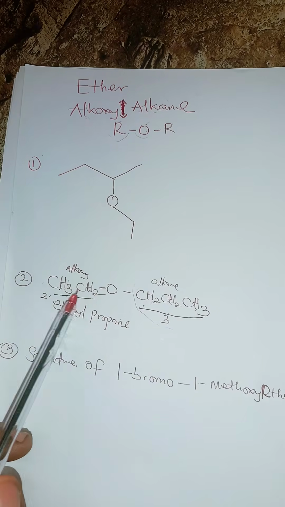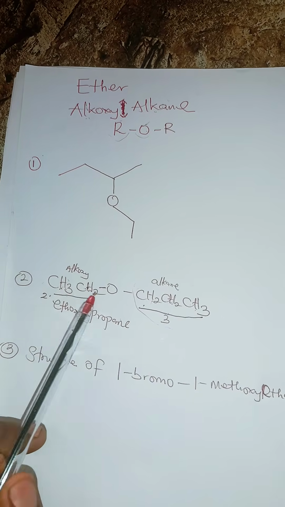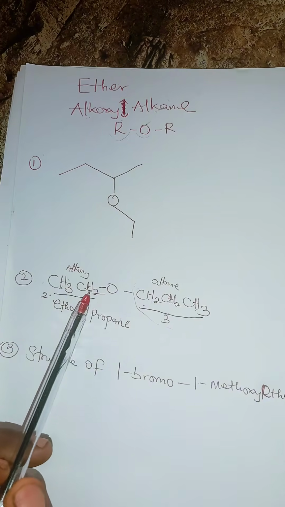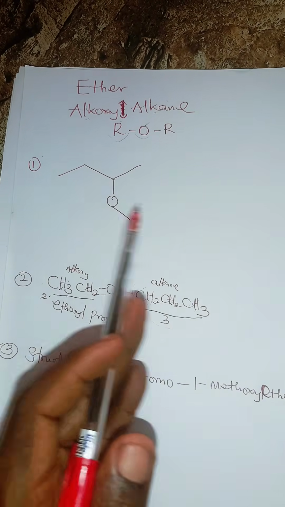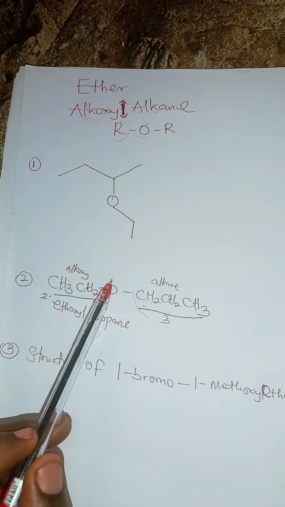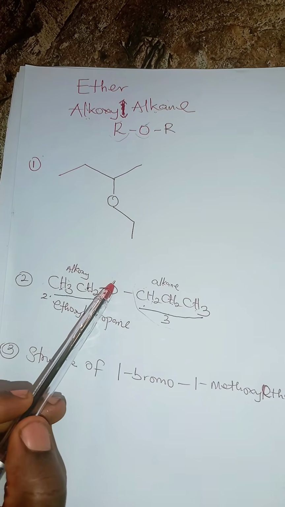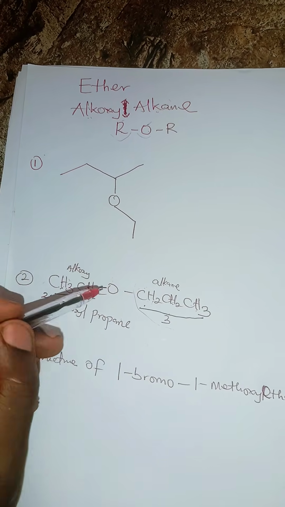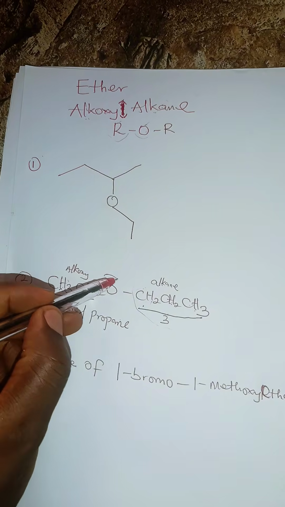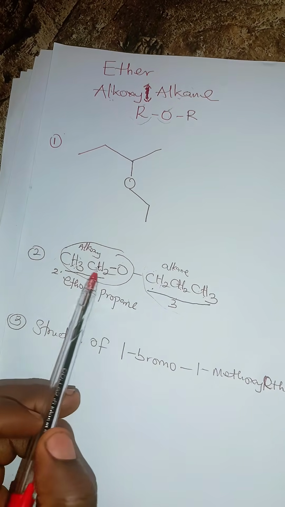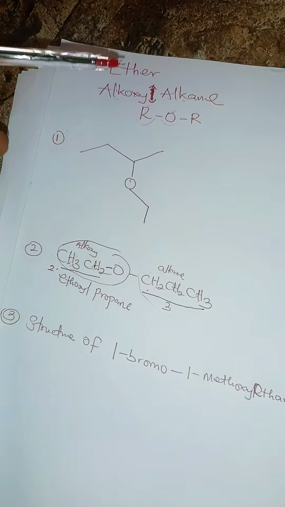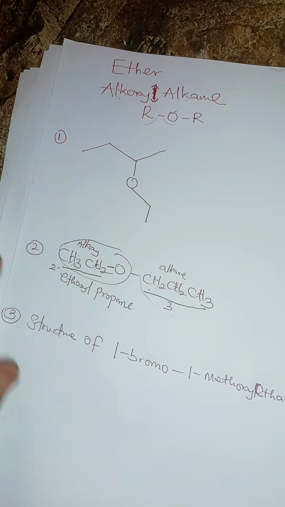But this part, 1, 2, is the smaller part. Once you are able to identify the longest part, you take that part out. Then the shortest part will go along with this oxygen that is here. Can you see the oxygen? Meaning that this 1, 2 is going along with it. From the word alkoxy, what are we going to call it?